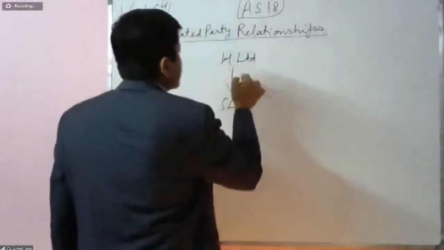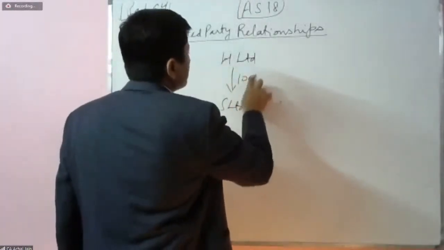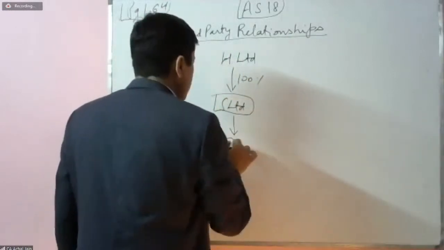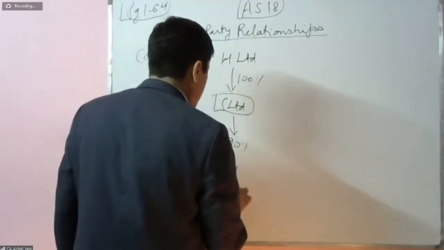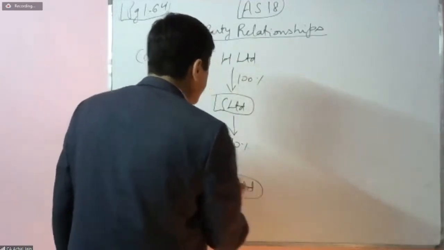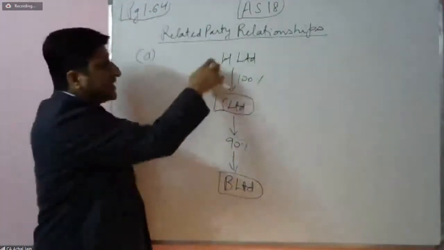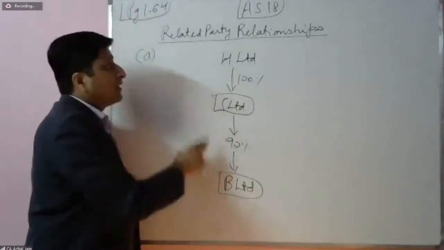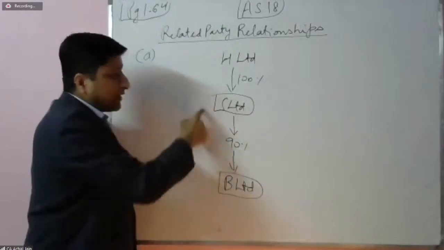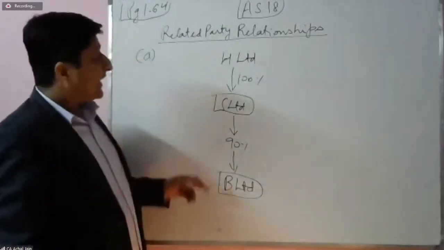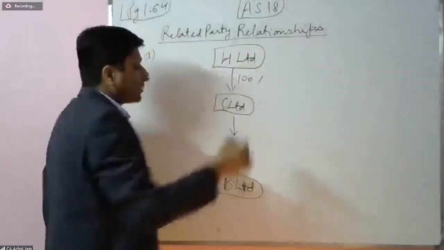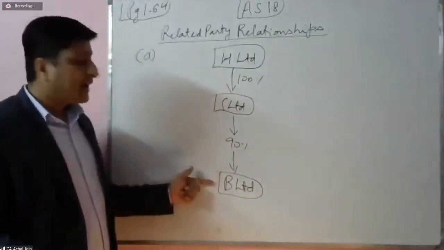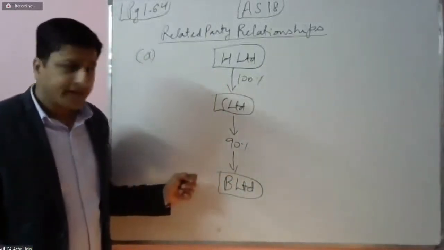Let's suppose H Limited holds 100% shares of S Limited and S Limited holds 90% shares of B Limited. In this case, these two are holding subsidiary, and these two are holding subsidiary. These two are related to each other. And indirectly, H is also the holding company of B Limited.